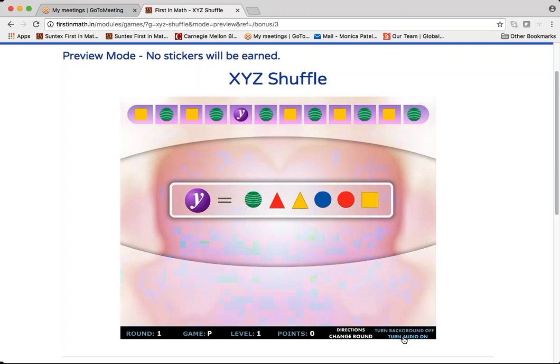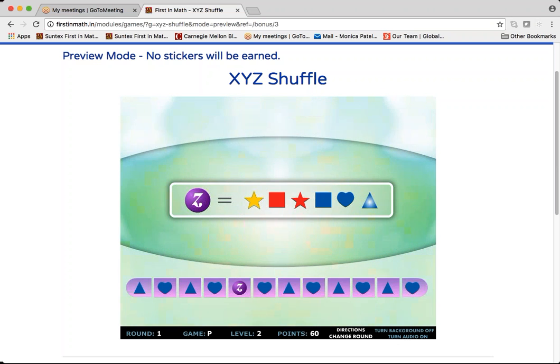Now, in that case, what is the missing item? Y is a yellow something. Likely it's a square or a circle. Likely it's yellow or green. In this case, I know Y is a yellow square. And look at the next one. Now the next one, it's two shapes, all the same color.